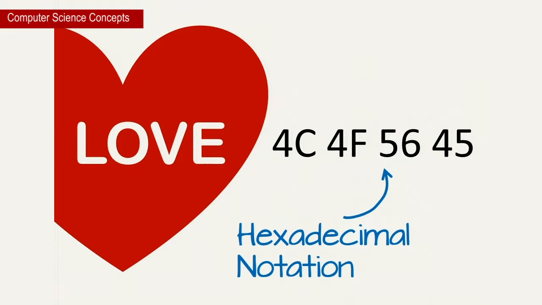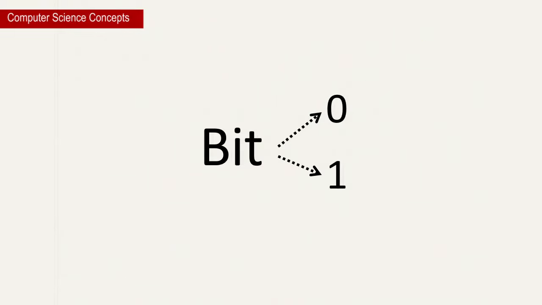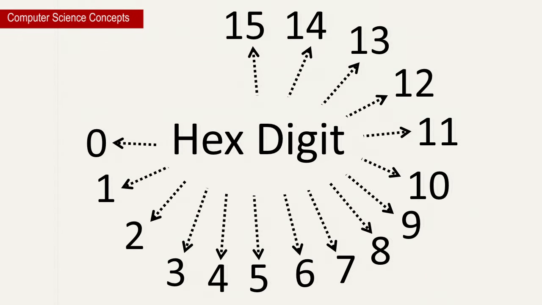A hexadecimal string is a sequence of hexadecimal digits. Let's call each hexadecimal digit, in short, a hex digit. While a bit can take two values, a hex digit can take any one of 16 values. Typically, people use numbers 0 to 15.